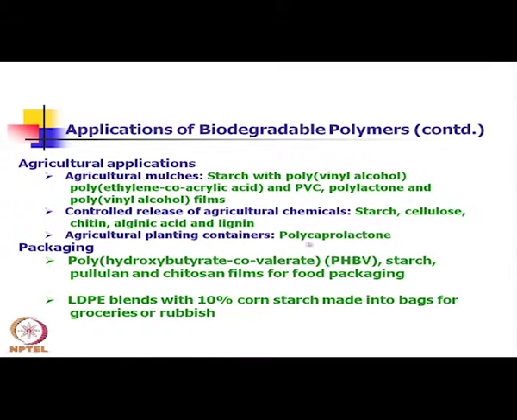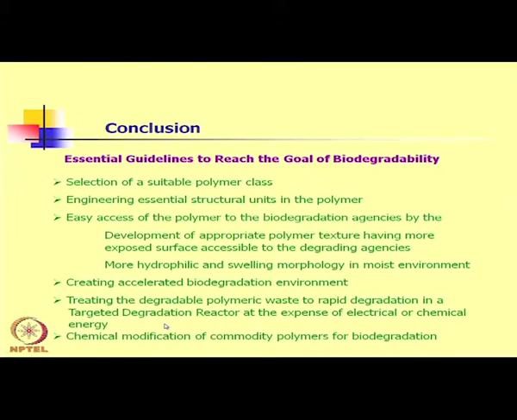Agricultural planting containers, say sapling pots etc., have also been developed. Packaging films with polyhydroxybutyrate covalerate, starch, pullulan and chitosan films for food packaging. LDP blends with 10% cornstarch made into bags for groceries or rubbish films.